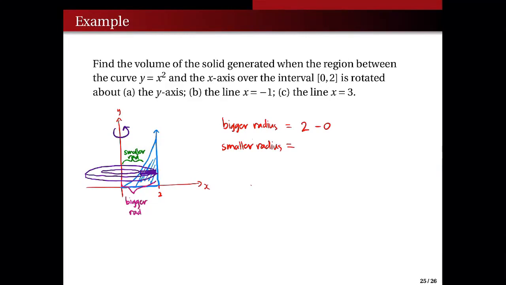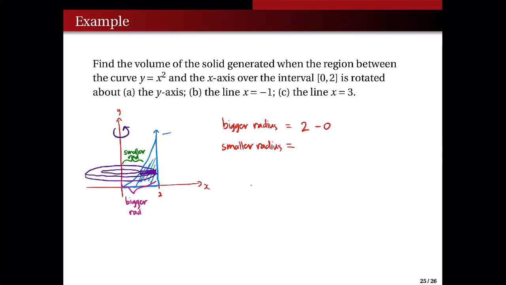So you need to write y equals x squared as x in terms of y. Take note of that because you are doing variable y here.